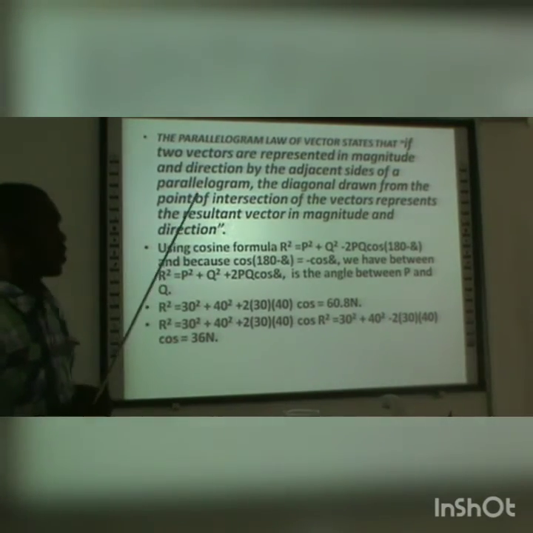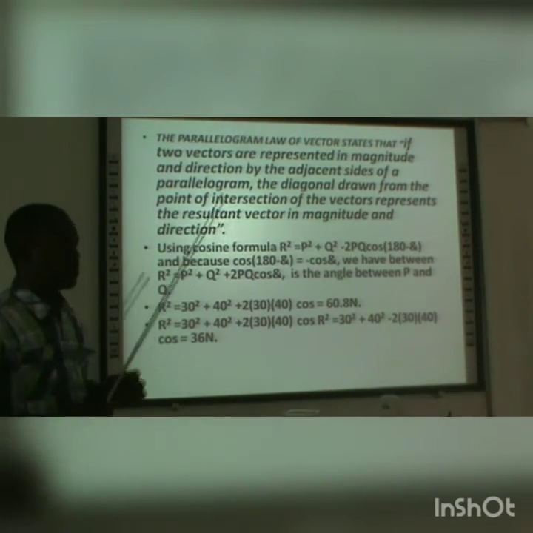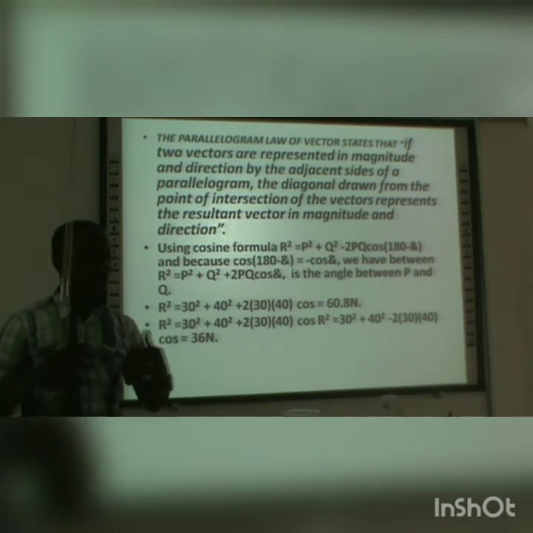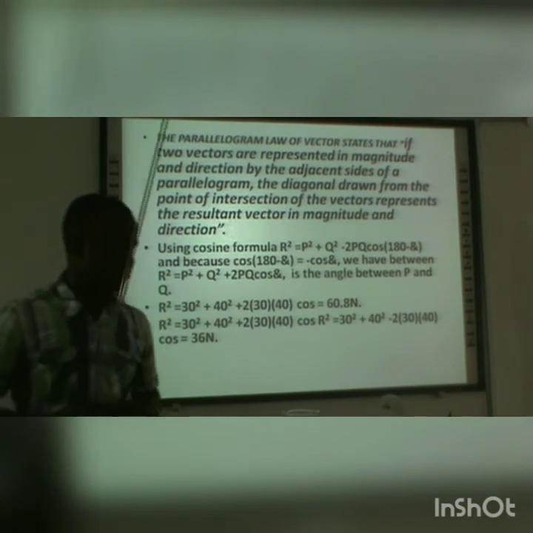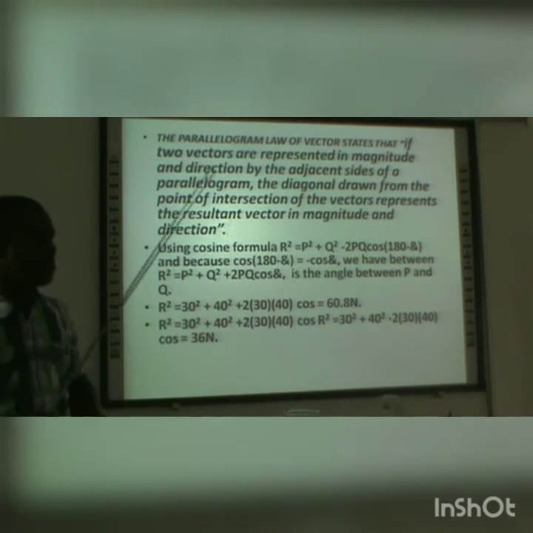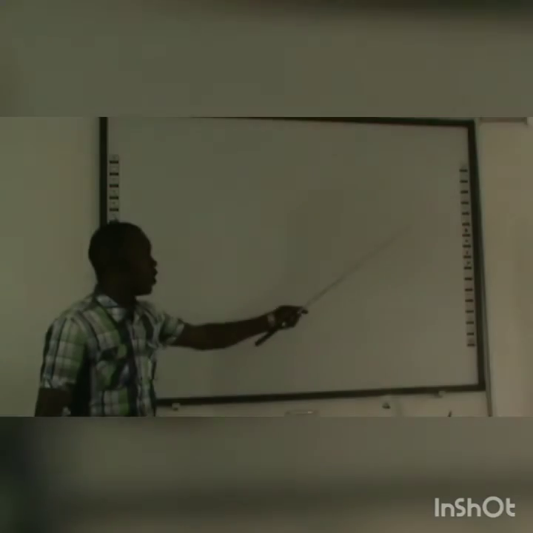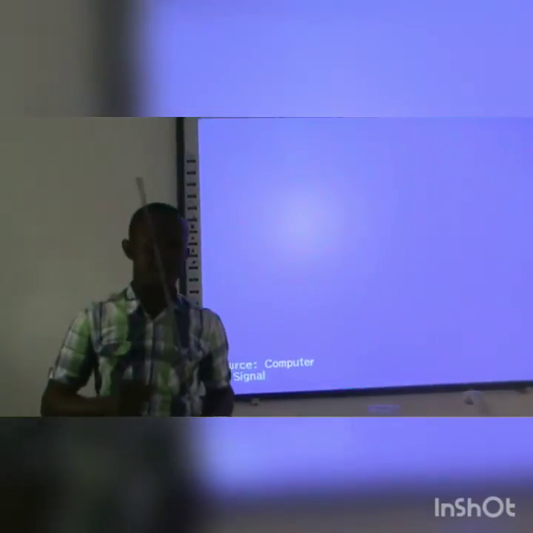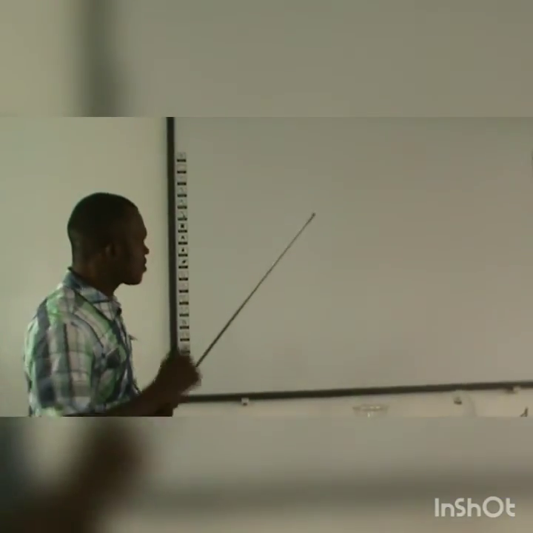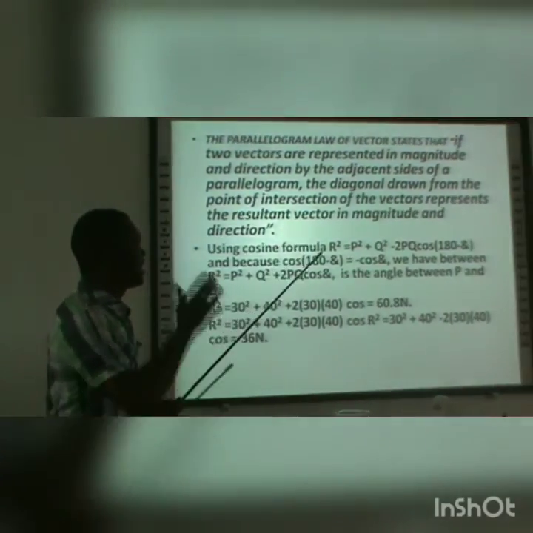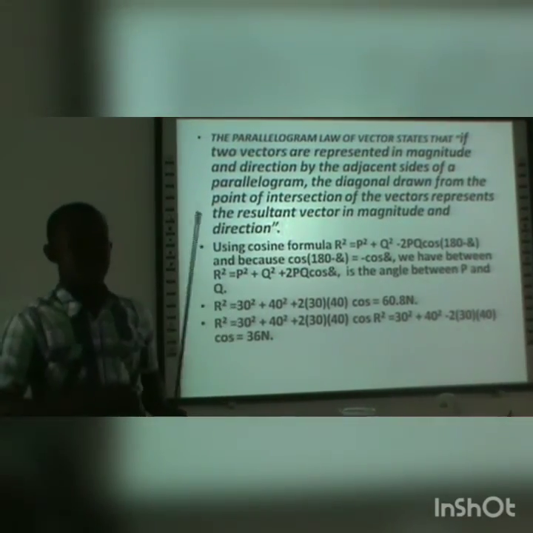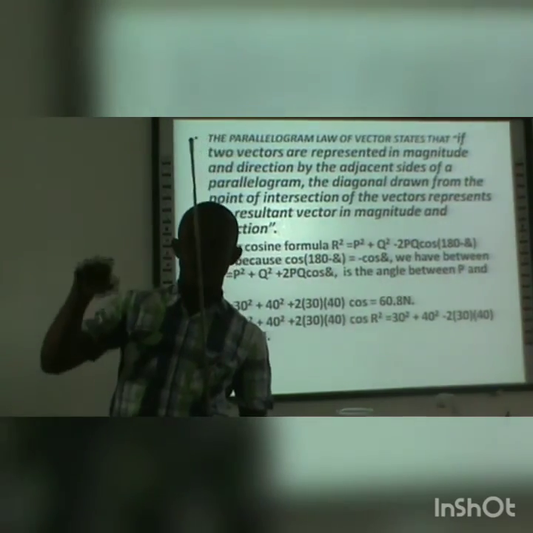Now, the next question there is, if they form an angle of 120, forming an angle of 120 means that our theta there is 120. In that case, since 120 is not in the first quadrant, 120 is in the second quadrant.